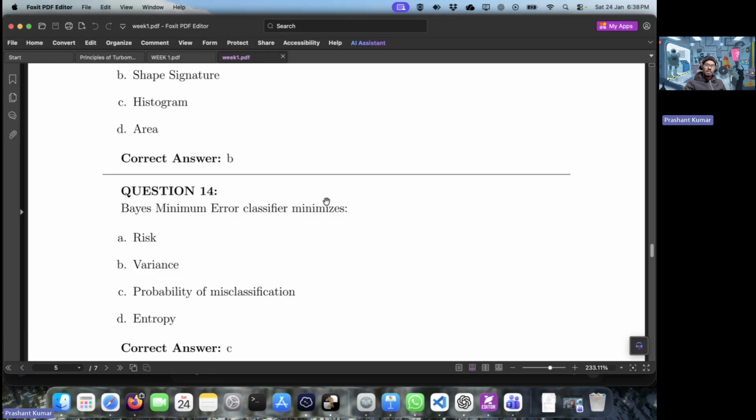Oh, sorry, I just got confused. They are not talking about the risk classifier. They are talking about the minimum error classifier, so definitely the probability of misclassification. Whichever probability has the maximum value will be taken, and that will act as a classifier.